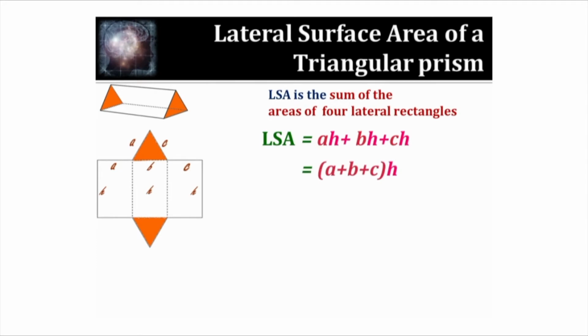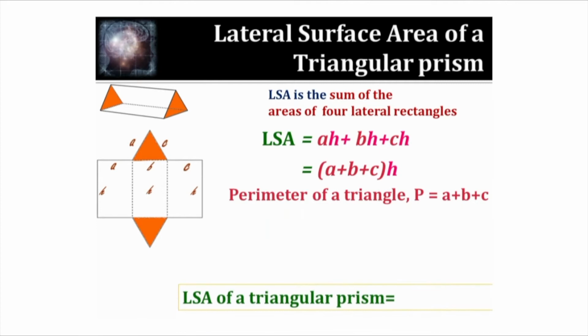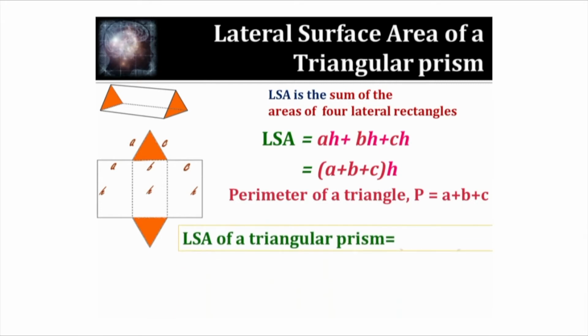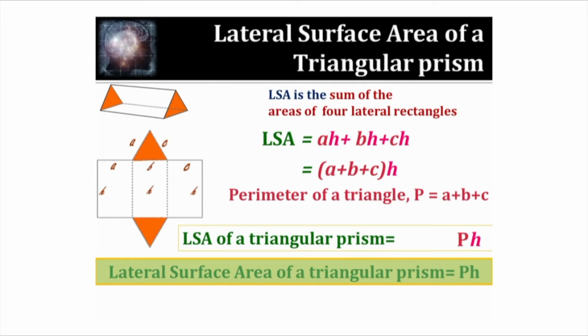What is common here? It's H. What is the perimeter of a triangle with sides A, B and C? It's A plus B plus C. Lateral surface area of a triangular prism will be equal to A plus B plus C into H. Here we can write P instead of A plus B plus C. So, the lateral surface area of a triangular prism will be PH.